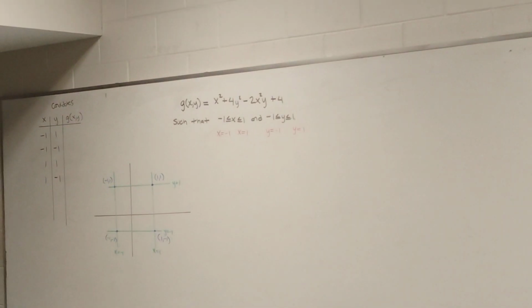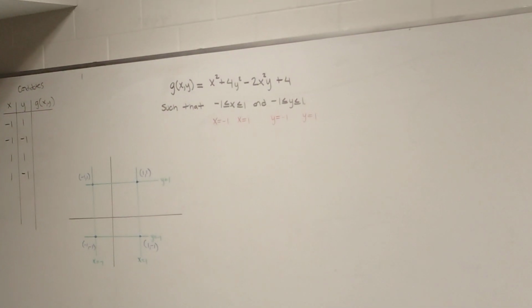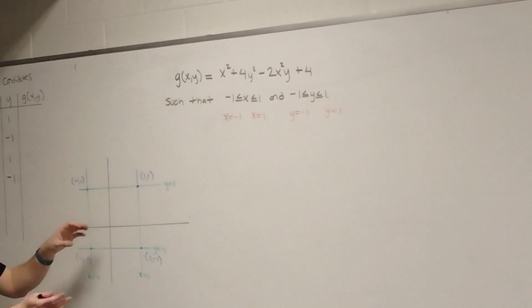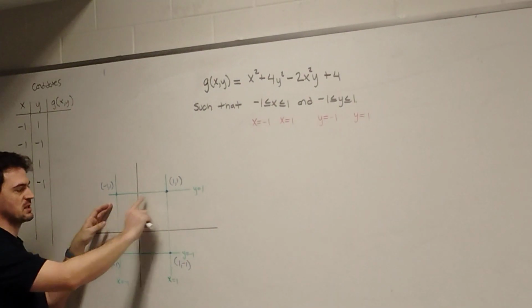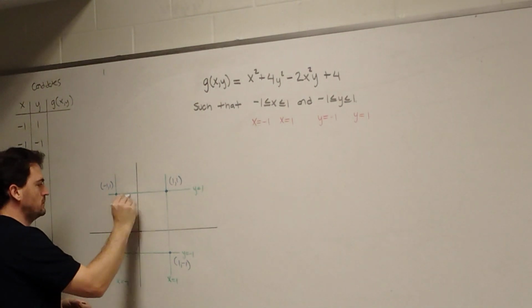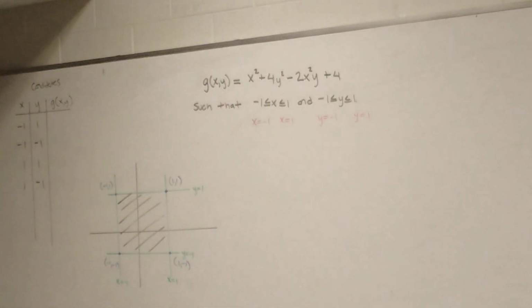So step 1 says sketch the region in R2, check. And I can clearly identify the region that I'm interested in. It's this region in here. Now I want to find all critical numbers or critical points inside the region. So just a lesson from last time: find your partial derivatives.